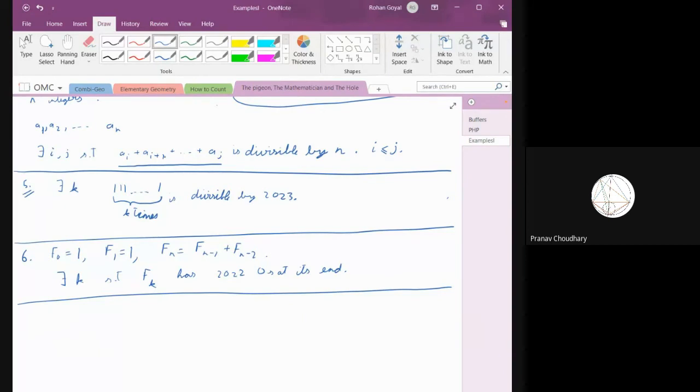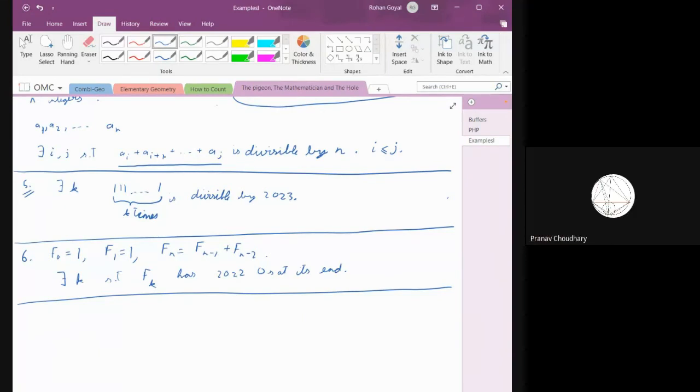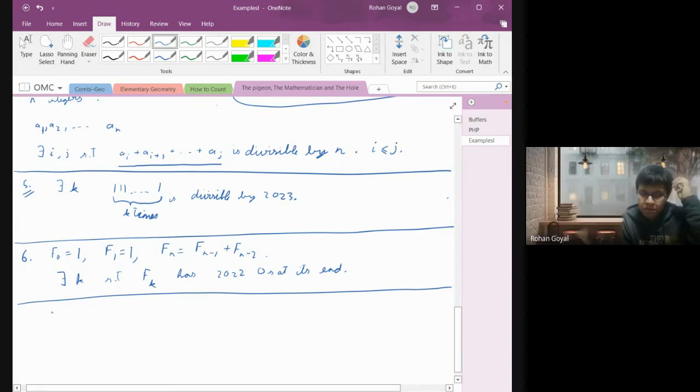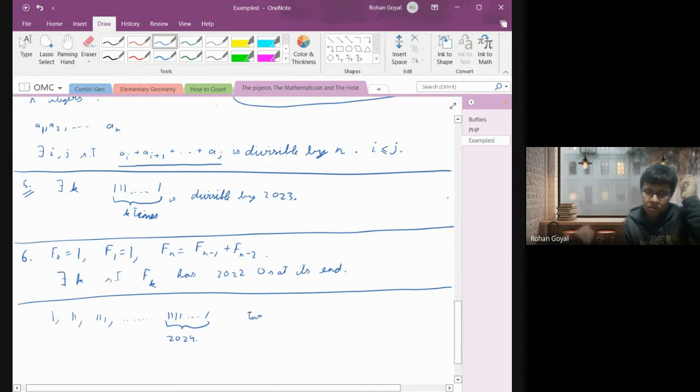I solved the fifth one. Shall I tell? Sure. So consider 24 numbers of this form. Just take any 1, 1, 1, 1, 1, 1. Pick any. Then two of these must have the same remainder modulo 2023.